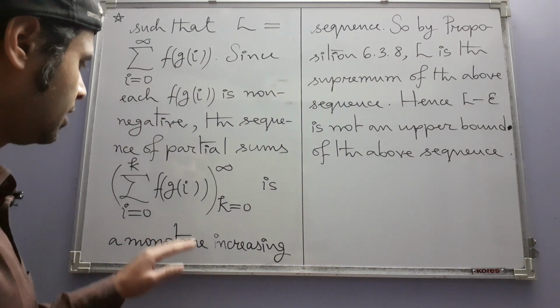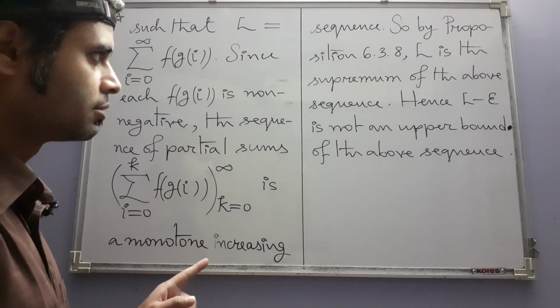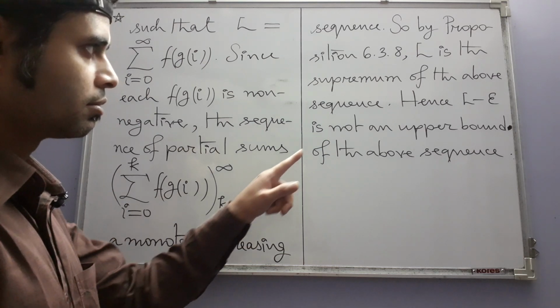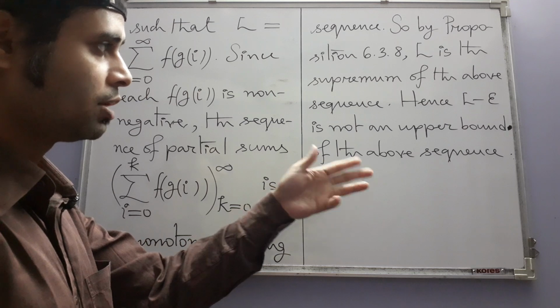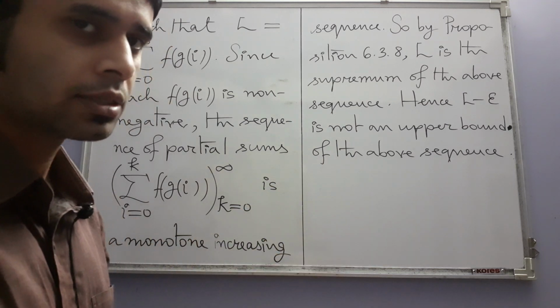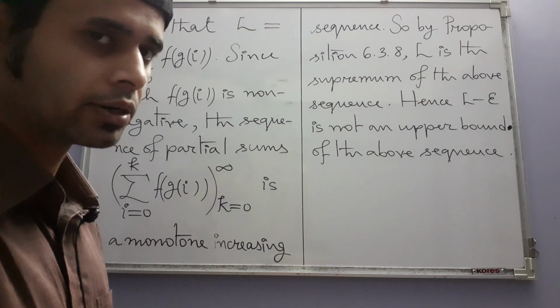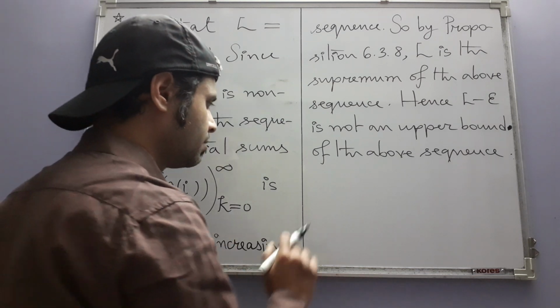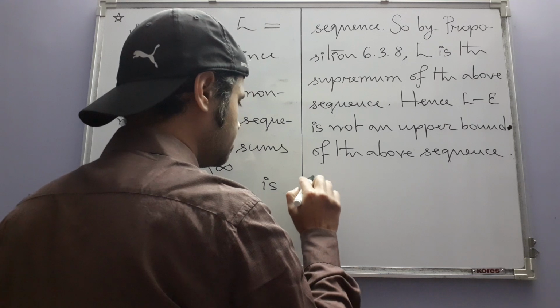That means there will be at least one term in this sequence which will show that it's not an upper bound. It will exceed L minus epsilon. It will be strictly greater than L minus epsilon. So we write that like this.